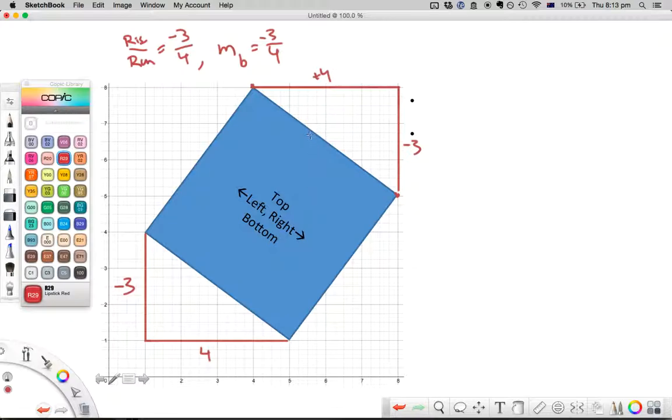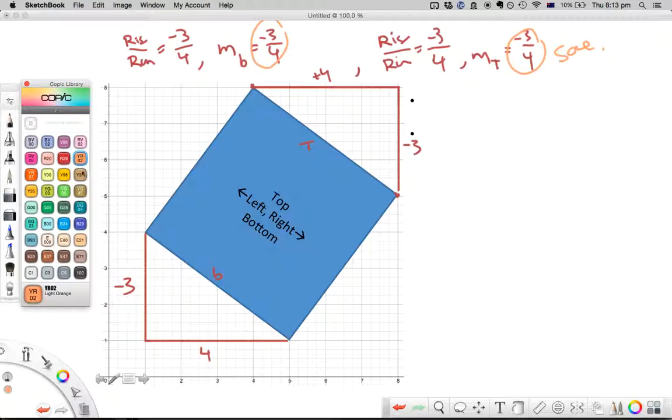If we call this the top, where this is the bottom, then we could say rise over run equals -3, which is our rise, stepped in the y direction from here down to here, and over our run 4. So it's just -3 on 4. This is the gradient of the top. What do you know? They're the same.